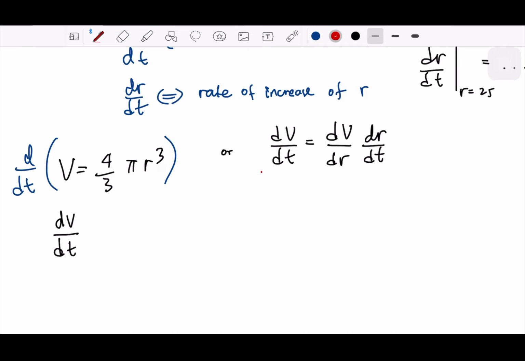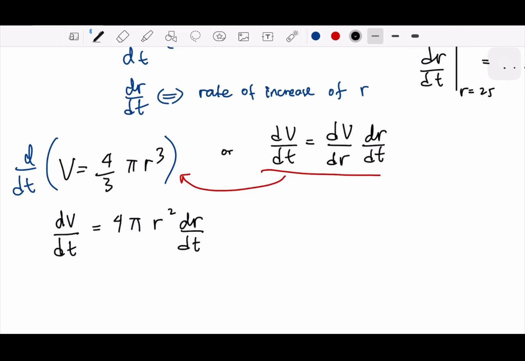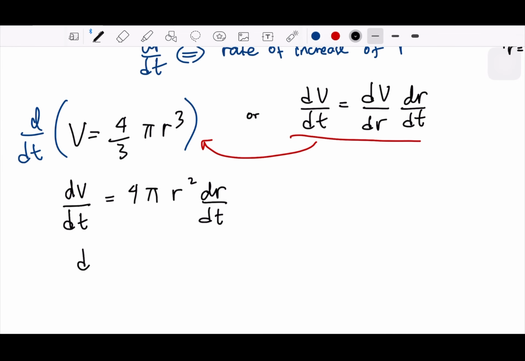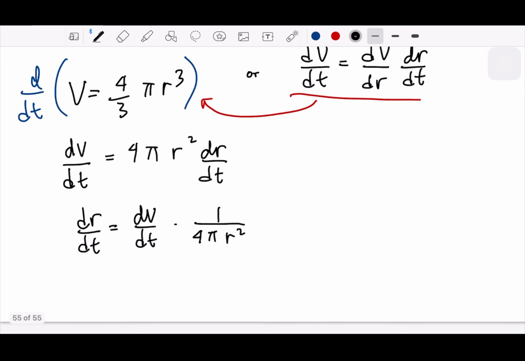And I think this is also similar to what we did here. Okay, so we have 4 pi r squared and then dr over dt. And now dr over dt is dV over dt divided by 4 pi r squared.